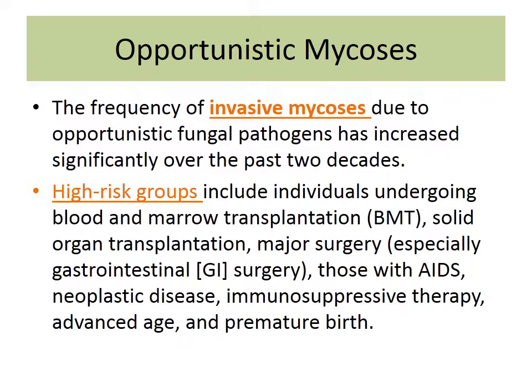Why do you think that they are high-risk groups? Why do we have bone marrow transplant patient, or as a matter of fact, solid organ transplant patient, to be considered as a high risk of developing invasive mycosis or opportunistic mycosis?